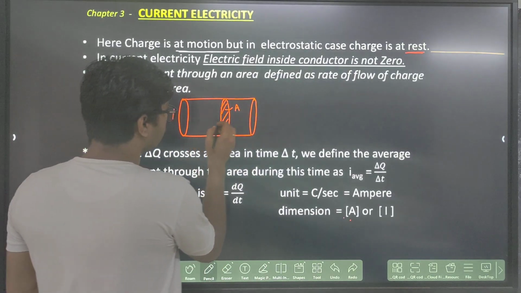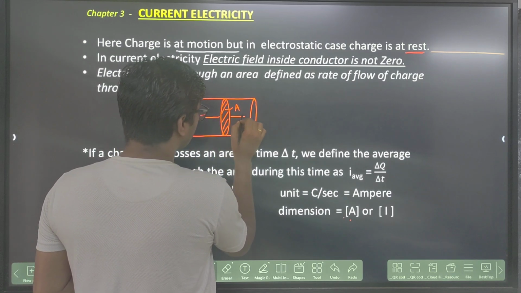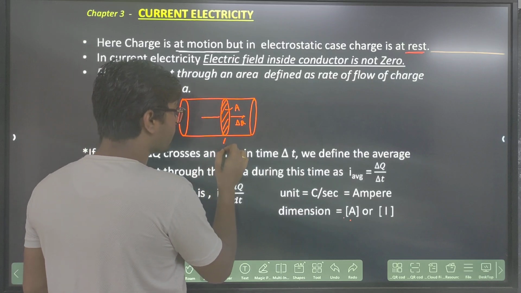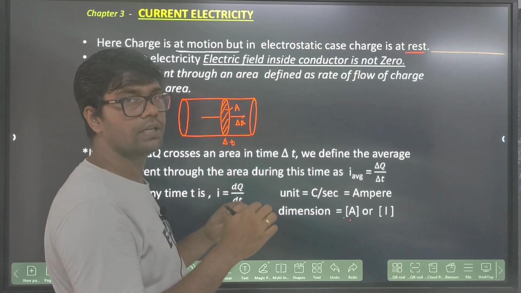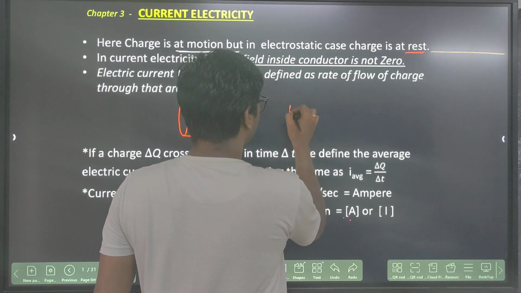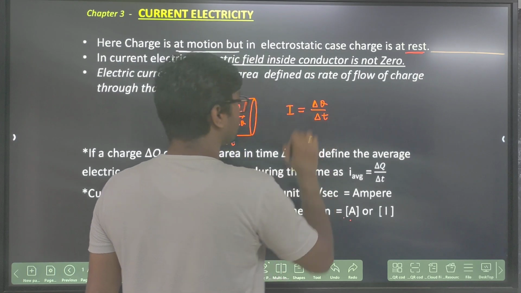Through this area A, delta Q amount of charge is flowing in delta T time.